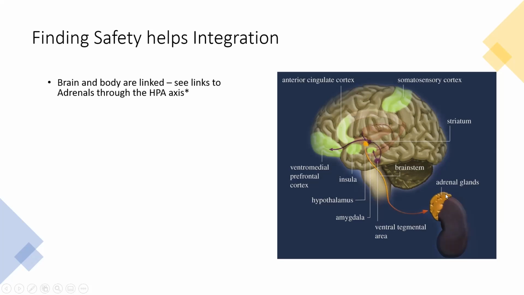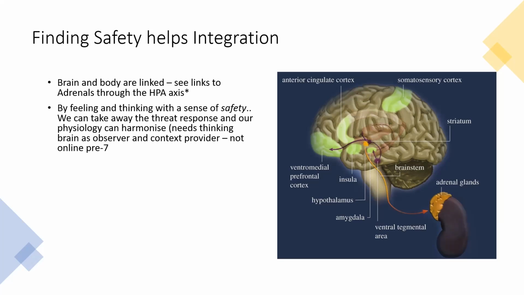These are your threat response, if you like, the production of cortisol, one of the main stress hormones, and adrenaline, hence the name. We call it an axis in biology. What it means is it's just a linkage between three different parts of your brain and body: hypothalamus, pituitary, and adrenal are linked.